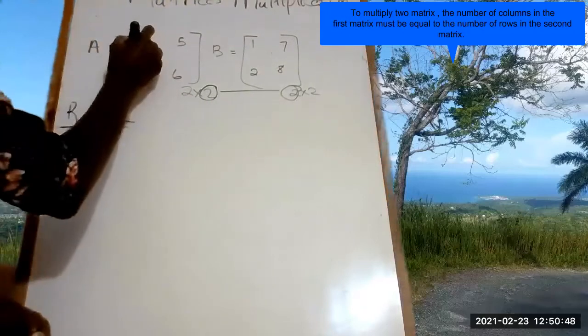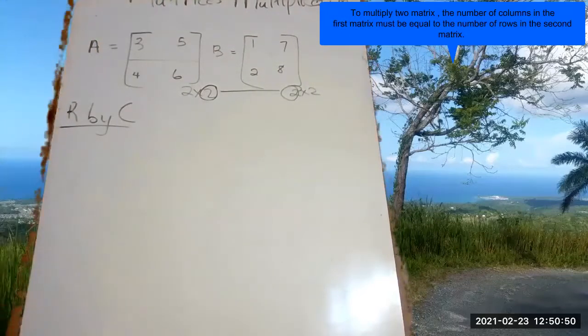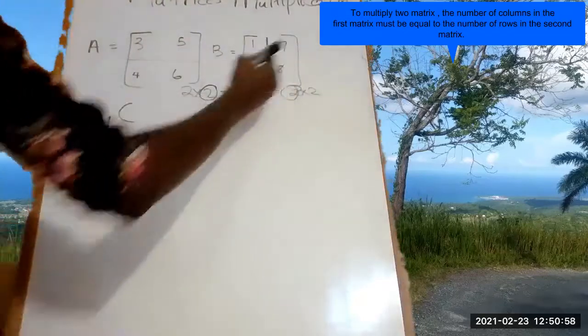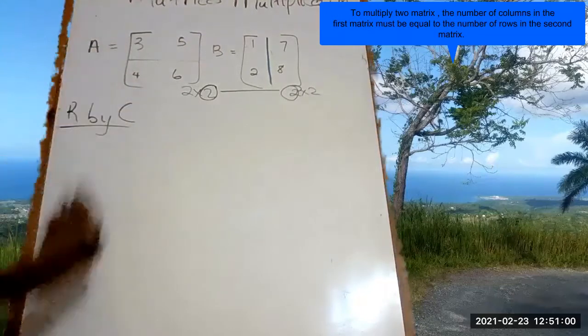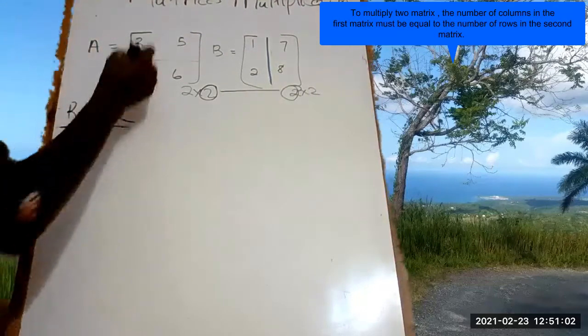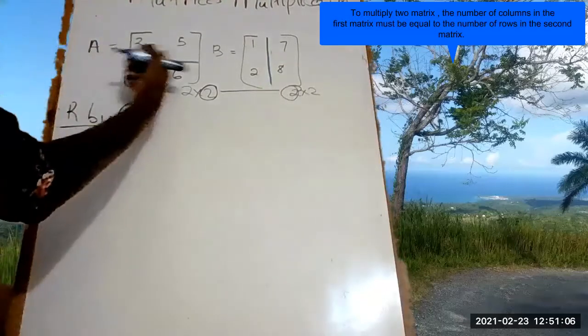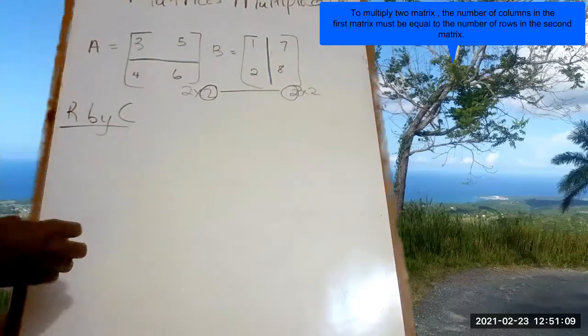What I normally do is draw a line to show my rows in the first matrix, and I draw a line to show my column in the second matrix, because it's row by column.